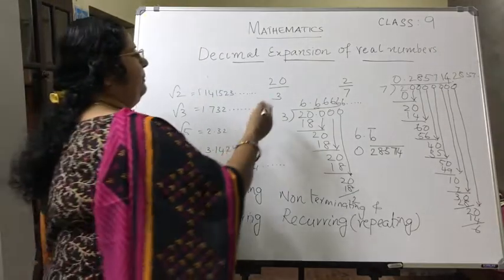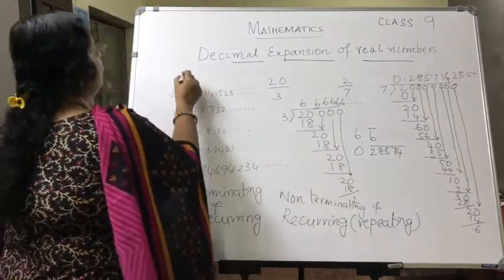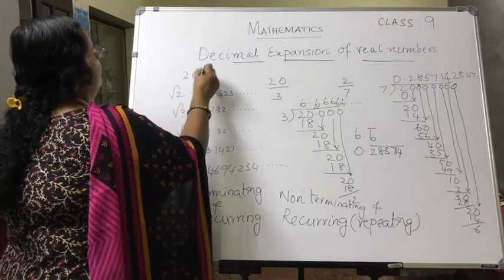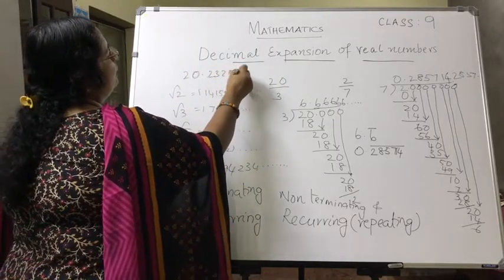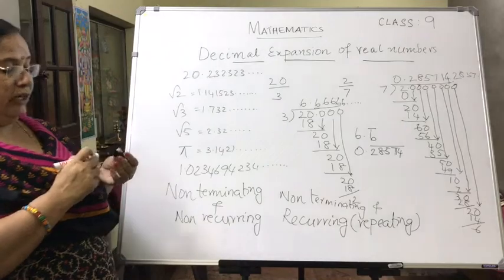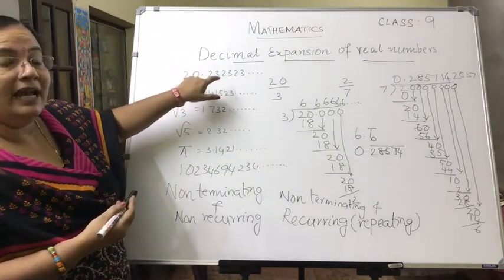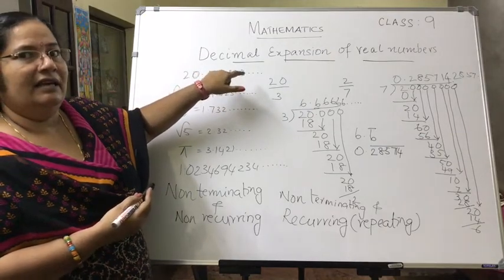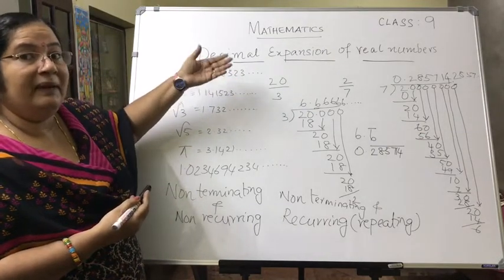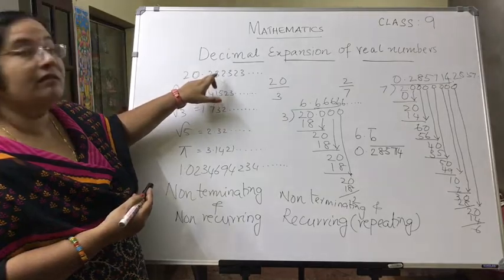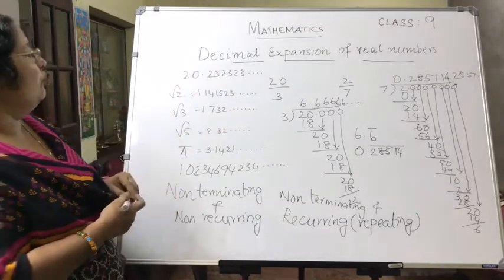Supposing you write, say, 20.232323, it is going on. So what type of decimal expansion is this? This is non-terminating and recurring. Which digits are repeated? The digits 2 and 3 are repeated. So how do you write this?